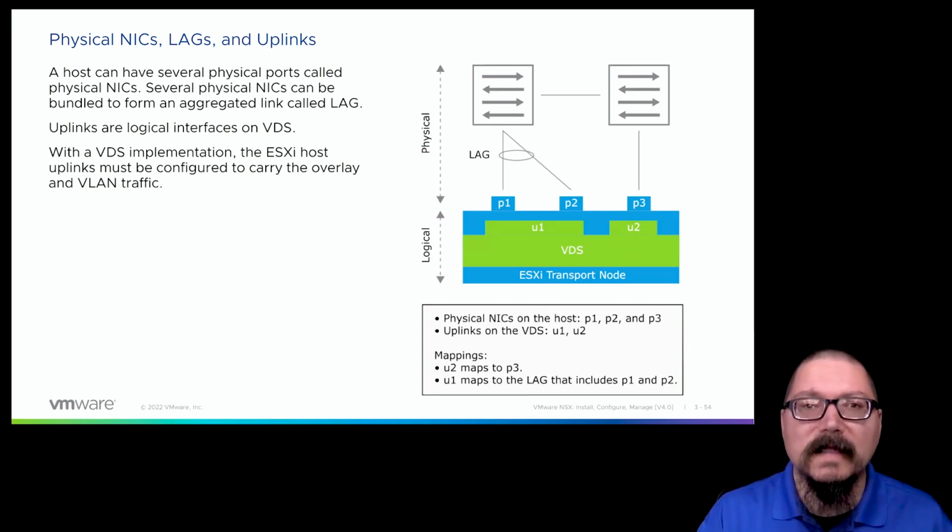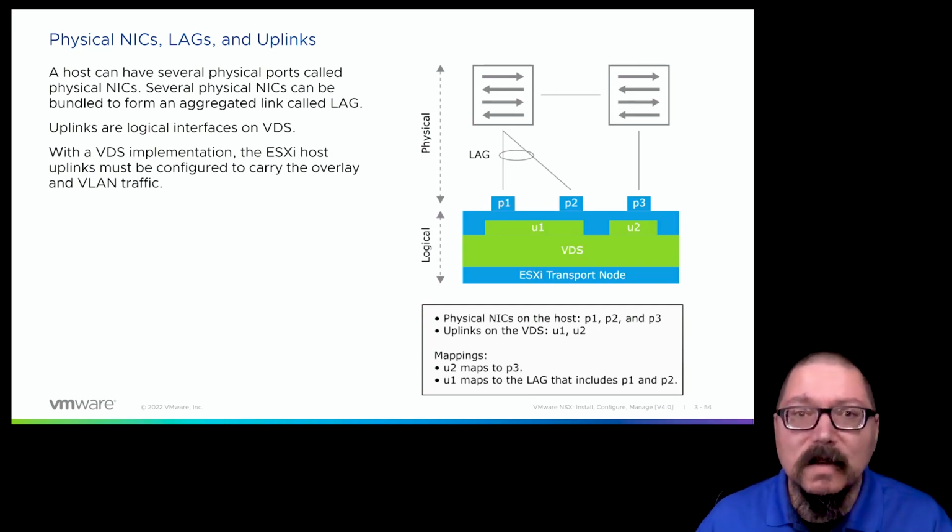And so we've got these uplink constructs on our NSX configuration, and those are going to be mapped either to LAGs, or link aggregation groups, or to individual physical NICs on the hypervisor. That's how these all come together.